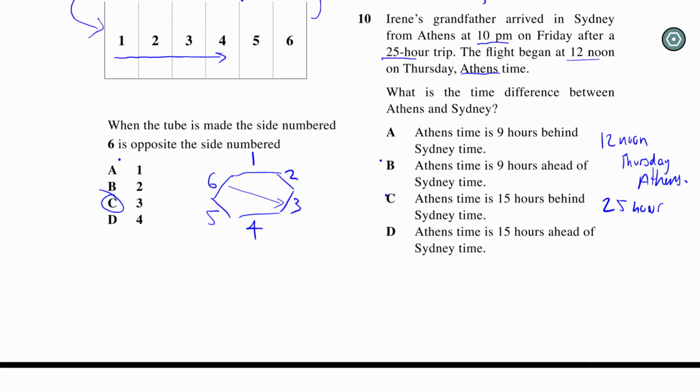So if it's 12 noon, what we do next is subtract 12 hours from the 25-hour flight time. So in 12 hours time, it's going to be 12 midnight in Athens.